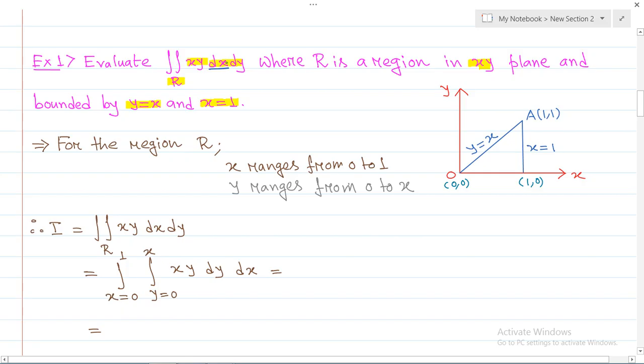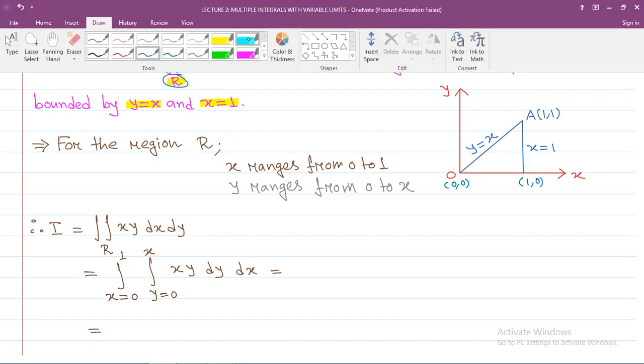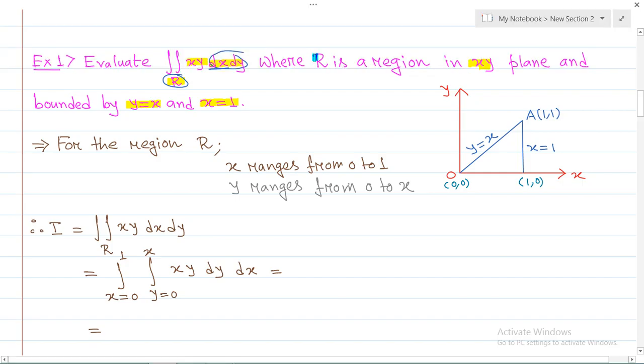This is not necessary if the region is prescribed in this manner, but if the limits of integration are given along with the integral, then we have to follow the previous steps. Here, since the region is given, it is not mandatory that the order be given in the perfect way. To confuse you a little bit, this type of order can be given. Now we will try to find the region R, which is the most important part of this kind of problem.